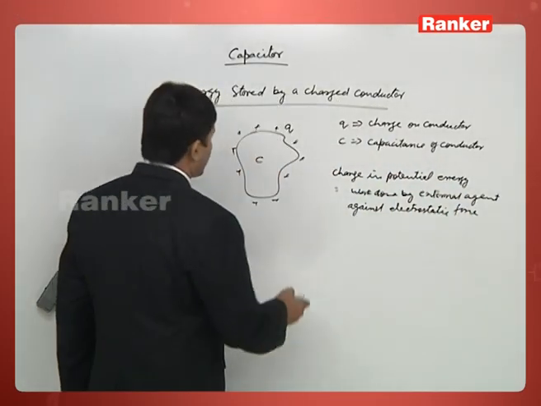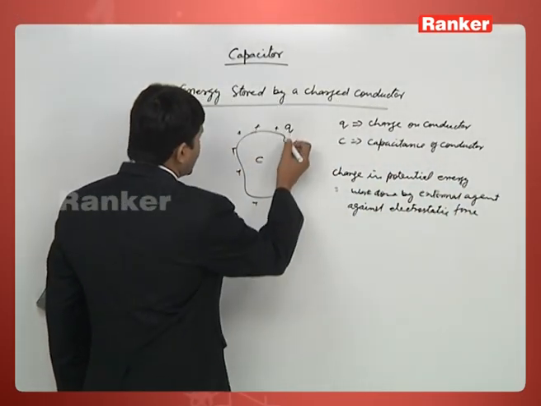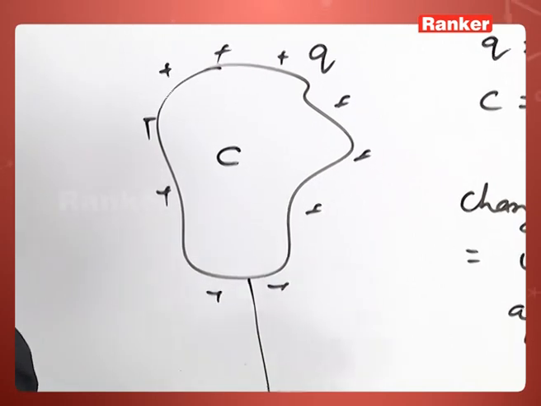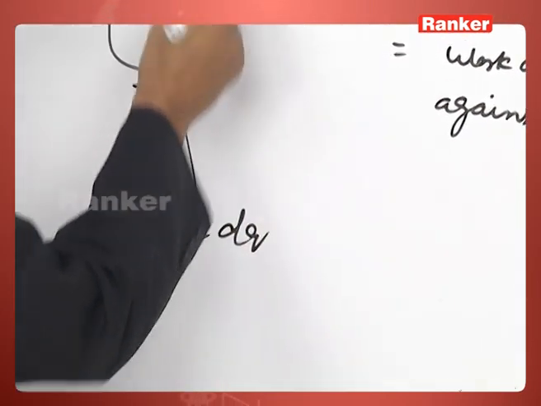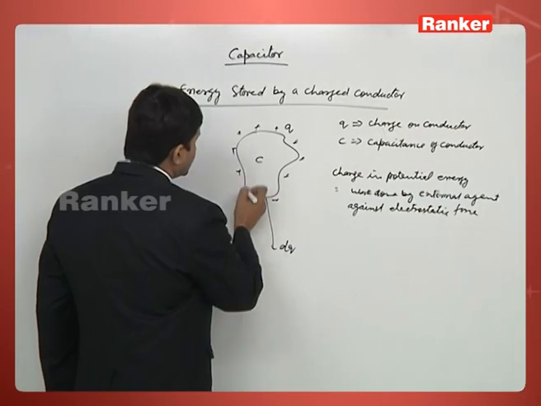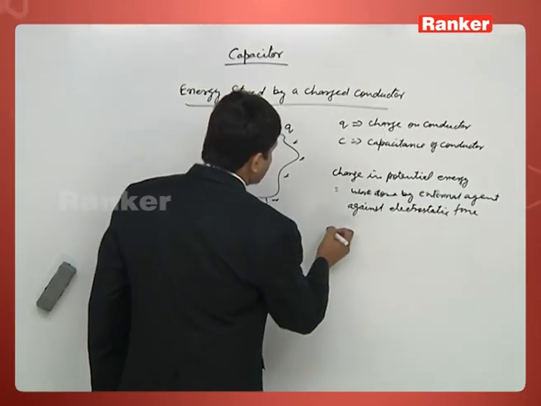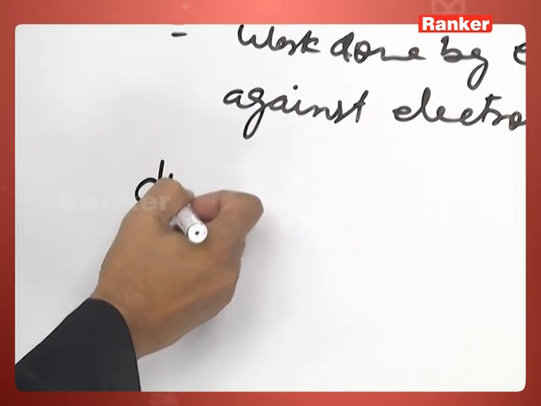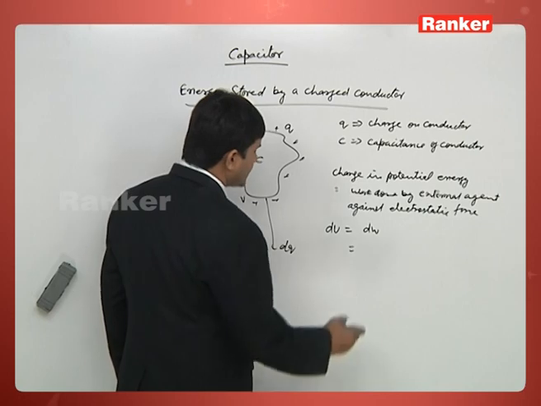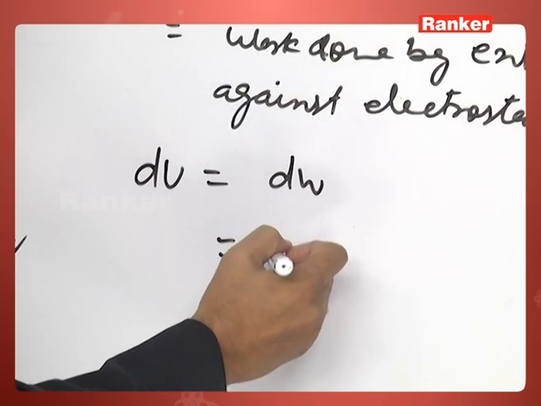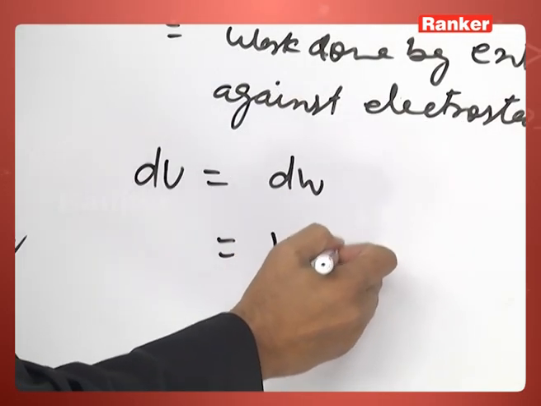Now, let at any time Q be the charge and we are removing dQ charge. When the charge is Q, at that time let the potential be V. So dU is equal to dW, and this is written as V into dQ.